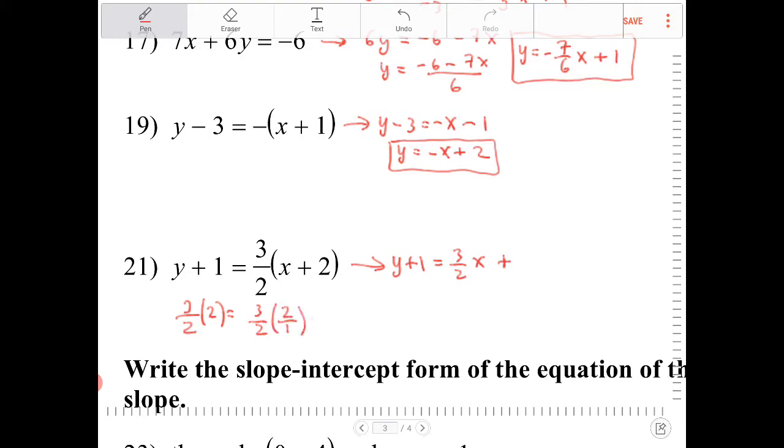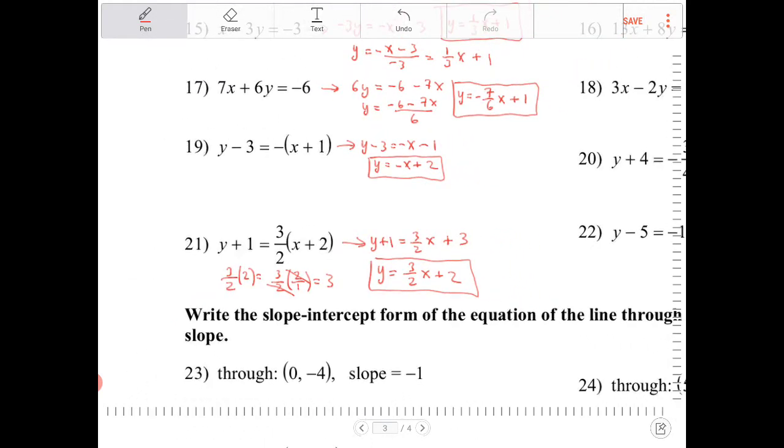When we're multiplying fractions, we're multiplying across. So we get 6 over 2, which is really 3. Alternatively, you can think of it as 2 over 2 is 1, so this is going to be 3. Subtract 1 from both sides, and we end up with y is equal to 3/2 x plus 2.